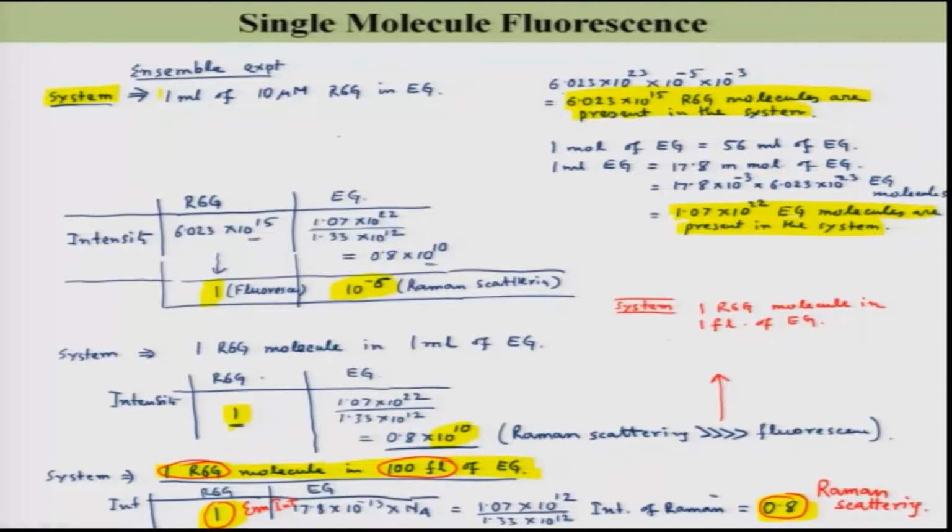In this case, the intensity of R6G fluorescence and EG Raman will be, if it is 1, then roughly 0.01. So, this is a good situation for me to monitor the fluorescence intensity coming out from a single rhodamine 6G molecule.